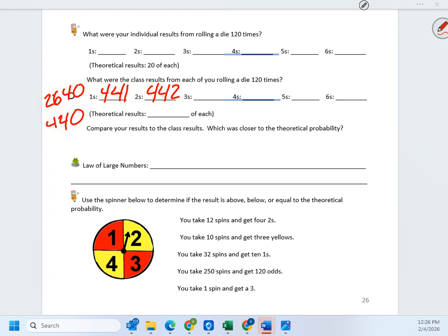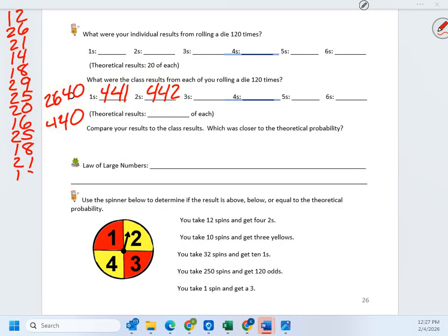All right, threes. Holland, 12. 26. 21. 14. 25. 20. 16. 25. 18. 21. 13. 16. 21. 18. 25. 24. 16. 21. 19. 19.